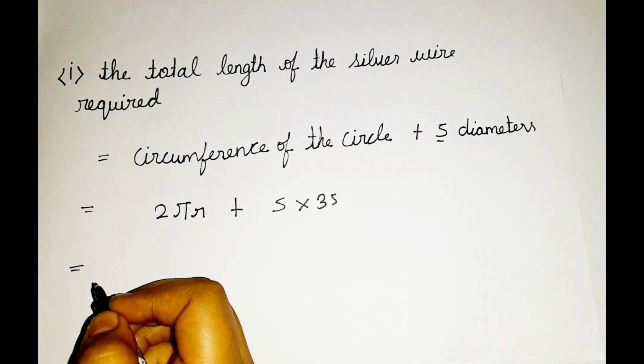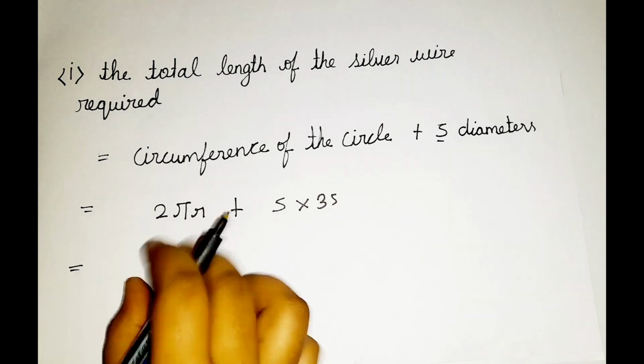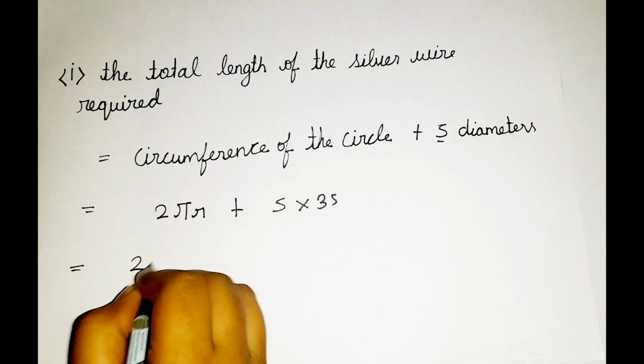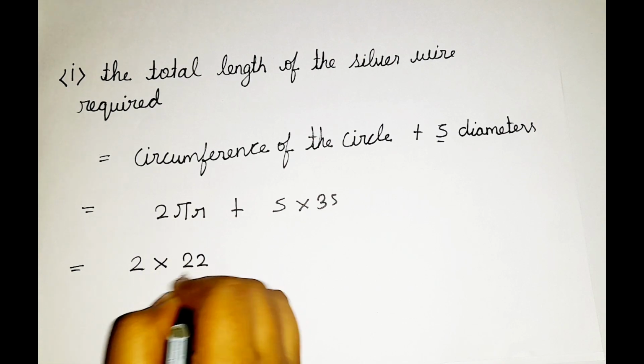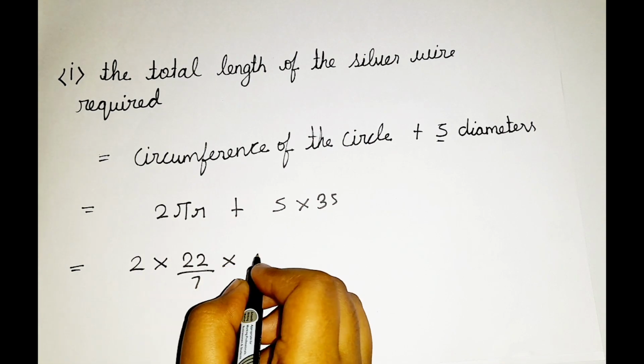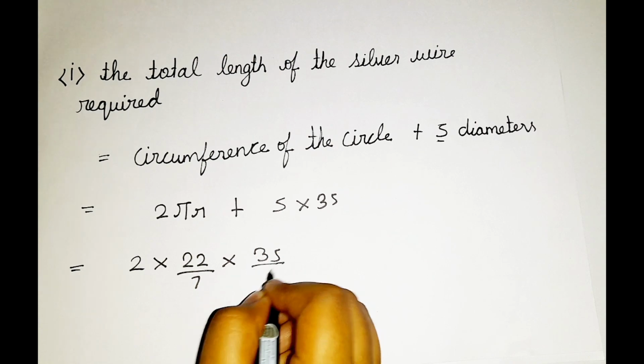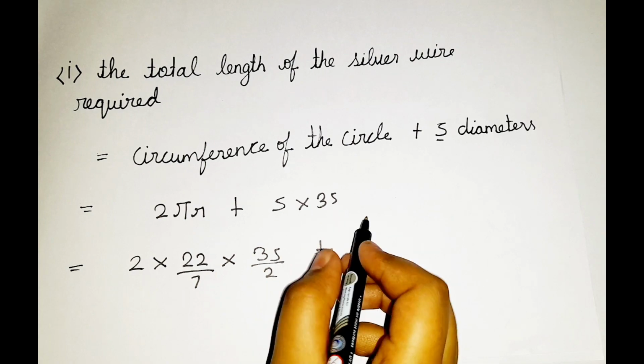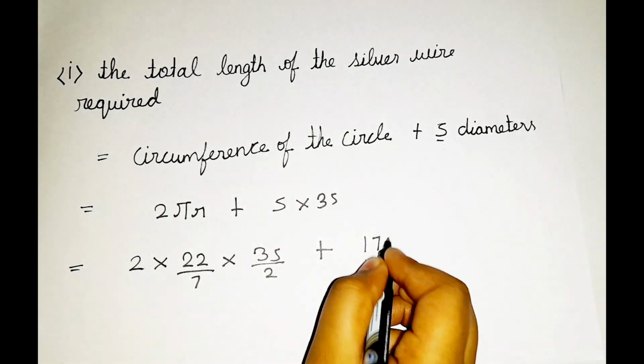Okay. So now since you guys know, we apply the formula. So now we can solve it. So 2 into pi value is 22 by 7 and the radius is 35 divided by 2. Plus, 5 into 35 is 175.